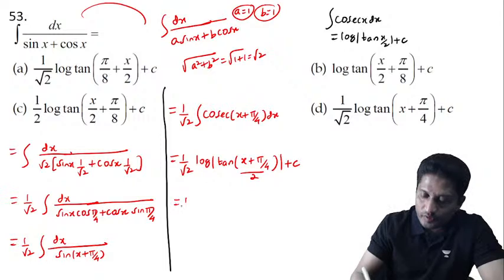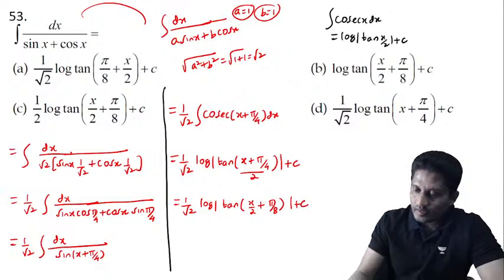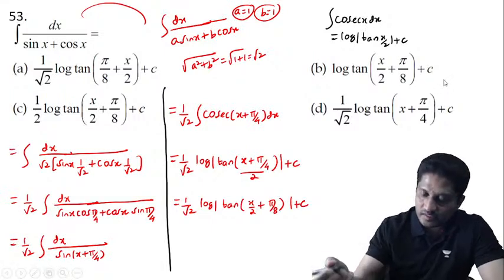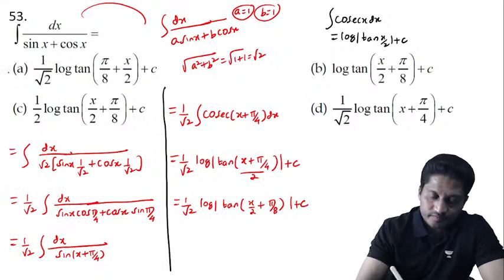Let me write one more step so that you understand. If you divide by 2 you get 1 upon root 2 log tan of x by 2 plus pi by 8, and plus c. Answer is option A only.